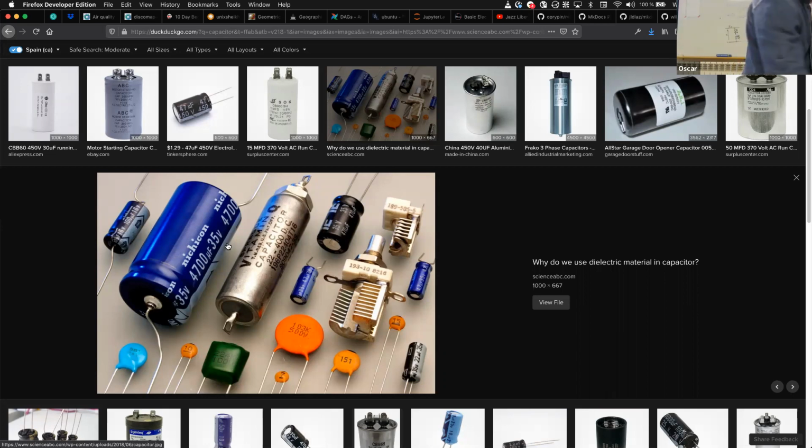If you open this one, you will see electrolytic capacitors have different layers inside, like an onion. The negative side is connected to these layers, and the positive is connected to the rest.